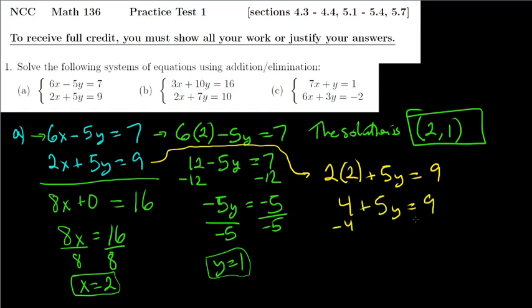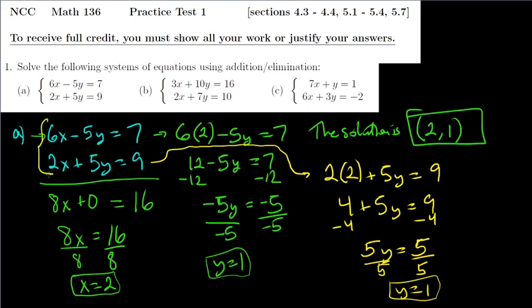So take away 4 from both sides, and you get 5 times y equals 5. So when you divide by 5 on both sides, y is again equal to 1. Right. So that's another way to check, but I would plug both numbers into the original equations here to see if they work, to see if they're true.